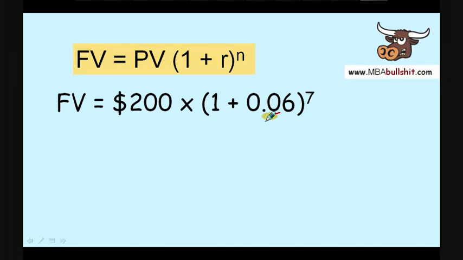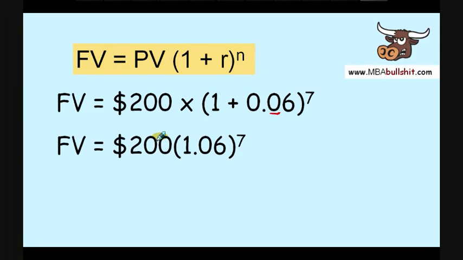It is not written as 0.6. 0.6 means 60%, but 0.06 means 6%. Alright? So now using this formula and using these values, we'll come up with a simpler formula looking like this, and in the end we will find our $300.